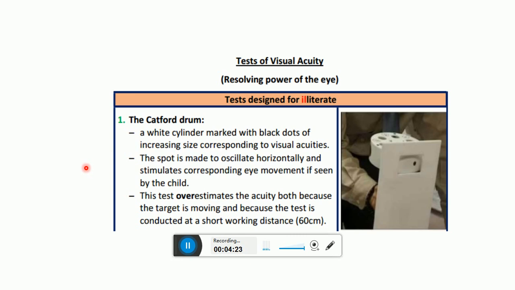Steady fixation means stable eye position, or non-steady, which means roving eye movements or nystagmus. Maintained means fixation that is held during binocular viewing after the opposite eye is uncovered during fixation preference testing.